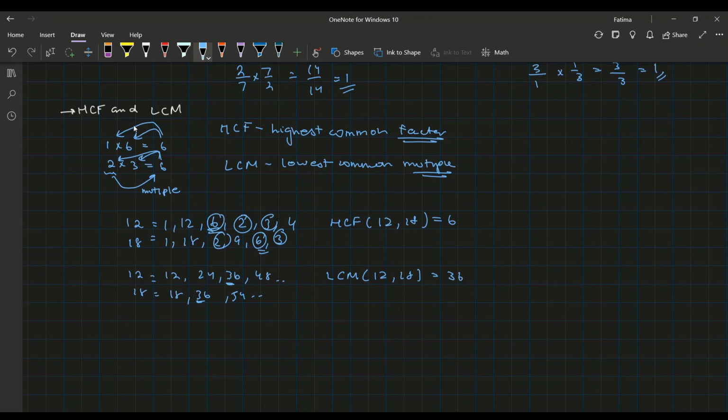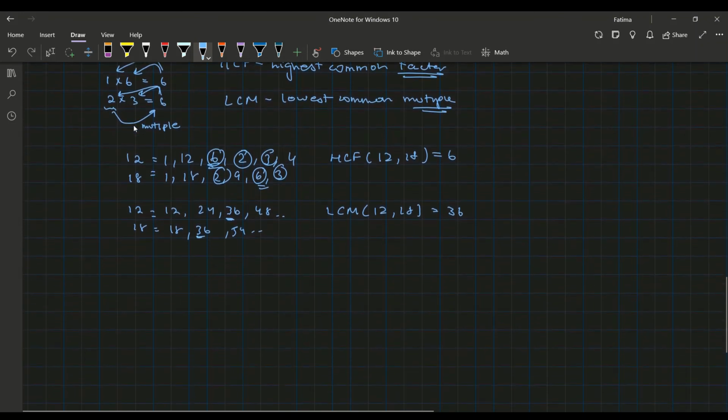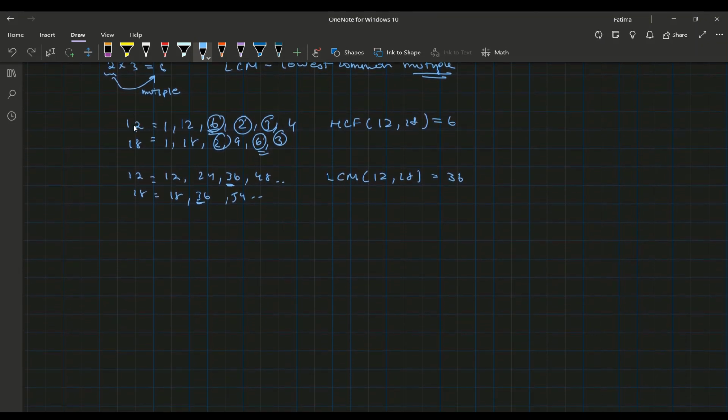Now this method is quite time consuming, so instead I will show you a method by division that could be easier. On the left hand side we'll do HCF, and on the right hand side we'll do LCM, and we have our numbers 12 and 18.